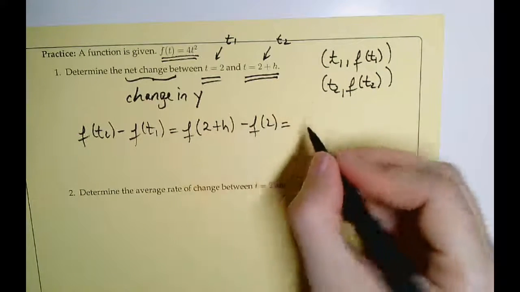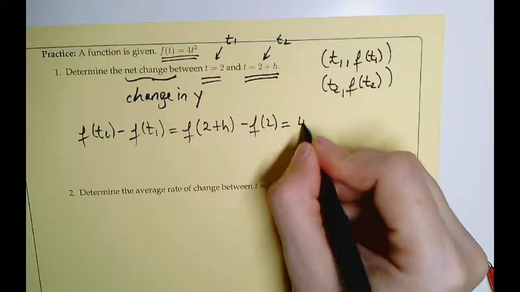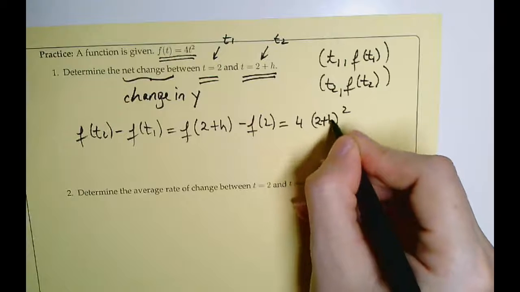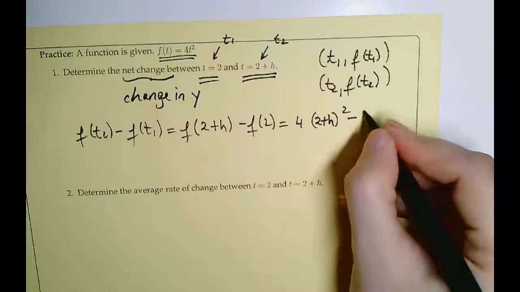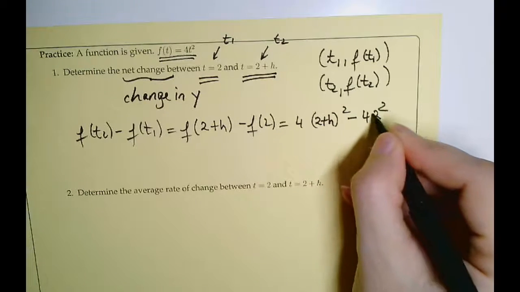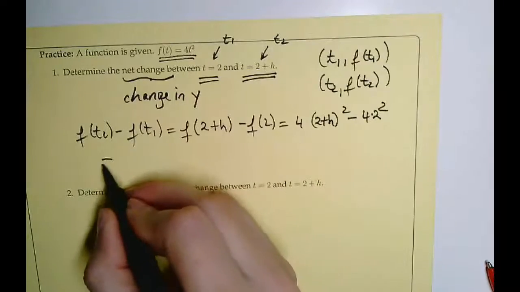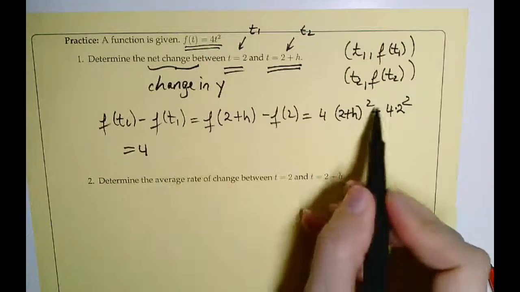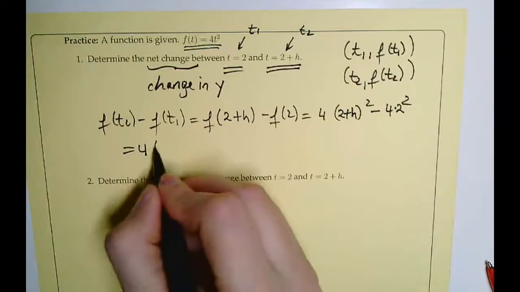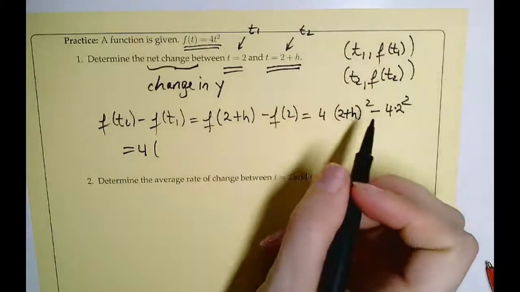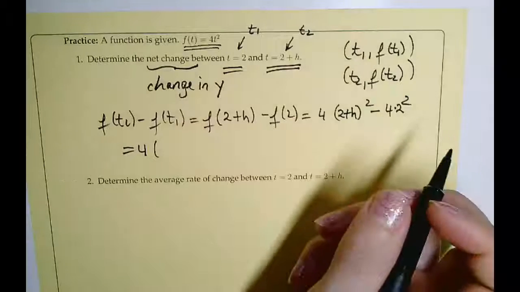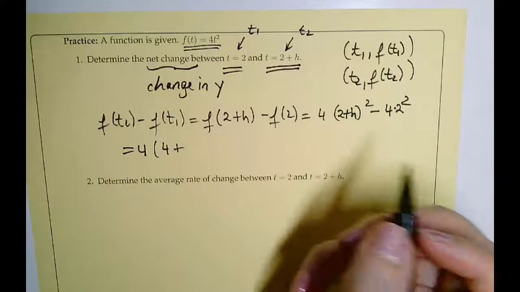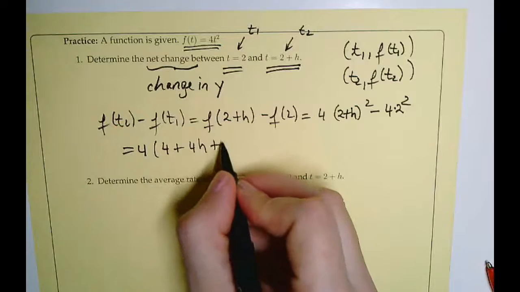So let's see, f of 2 plus h is going to be 4, instead of t, I'm going to have 2 plus h, minus f of 2. Instead of t, I'm going to have 2. So this is going to give me 4 times 2 plus h squared. 2 plus h squared is 2 plus h times 2 plus h, and you FOIL that, then you get 4 plus 4h plus h squared.